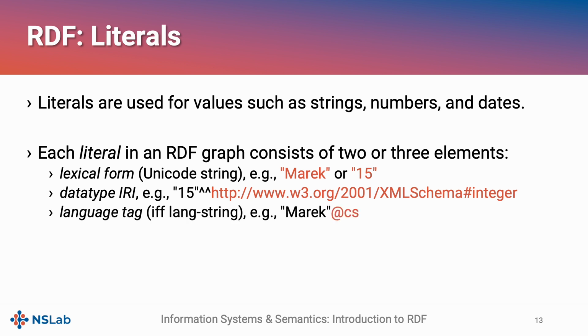And the last element is the language tag, and that can be used if and only if the literal is a language string, and we can specify it to denote the language of that string. So for example, we can say that this string Marek is in Czech language using this ISO code of Czech language.